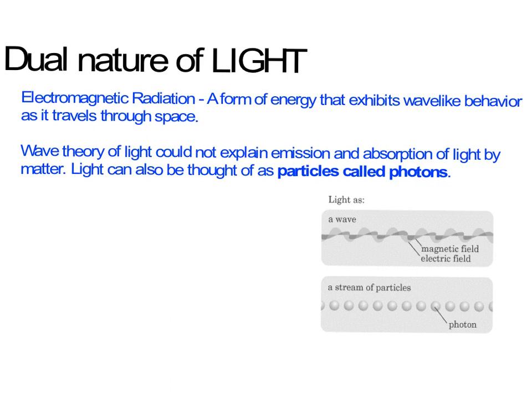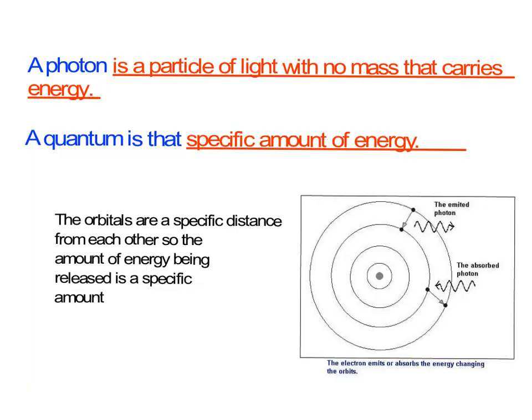When light is acting like a particle, we give it a particular name, a photon. This photon is a particle of light with no mass. That's really important. It is light with no mass that carries energy. Way back when we started talking about classification of matter, we said in order for it to be matter, it has to take up space and it has to have mass.